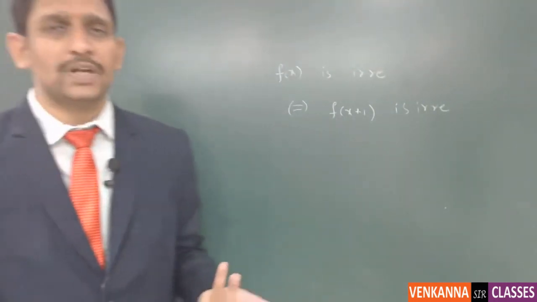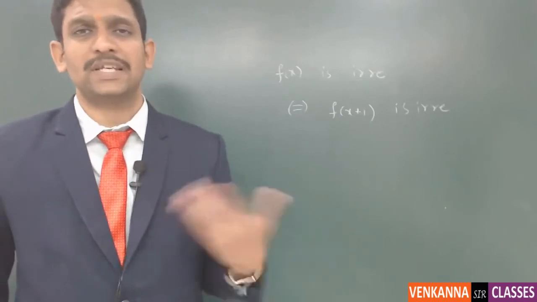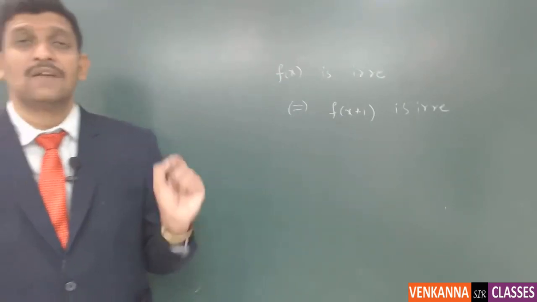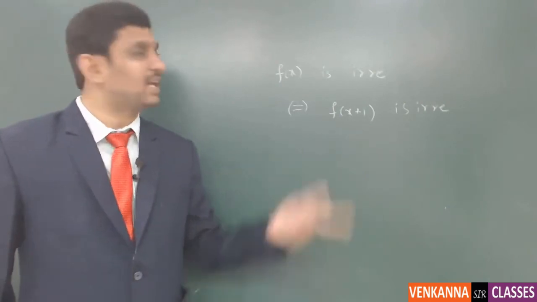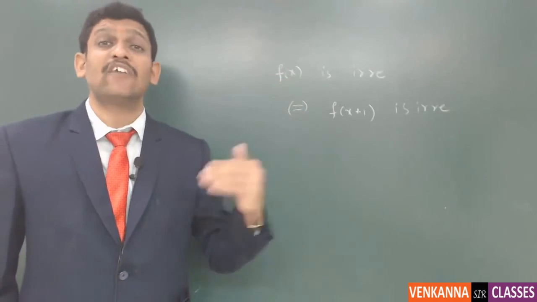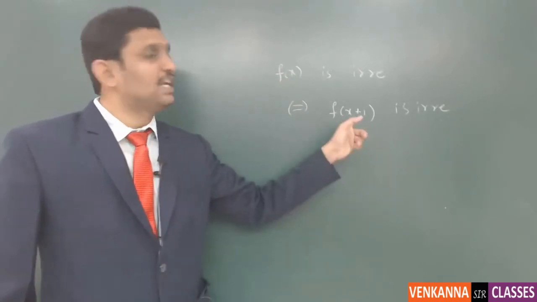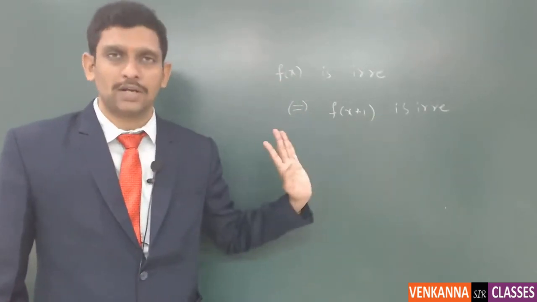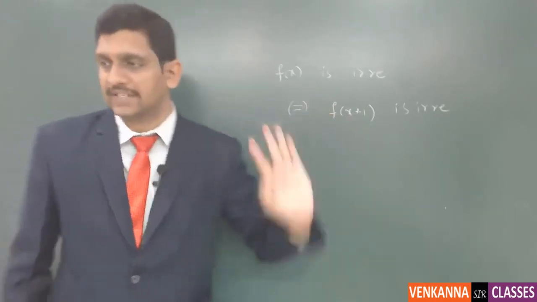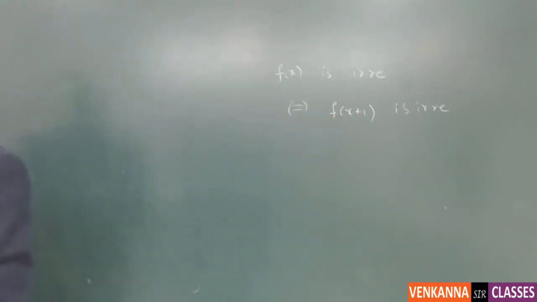Not only x plus 1, you can take x plus 2, x plus 3, x plus 4, any integer. So if you want to check whether a given polynomial f of x is irreducible, it is equivalent to verify that f of x plus 1 is irreducible or not, if you don't have any straightaway method for the verification of f of x. Clear?